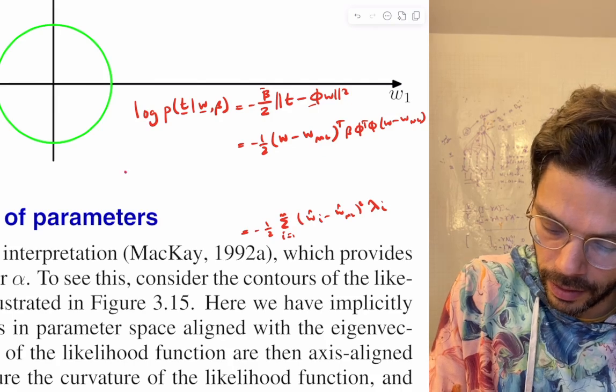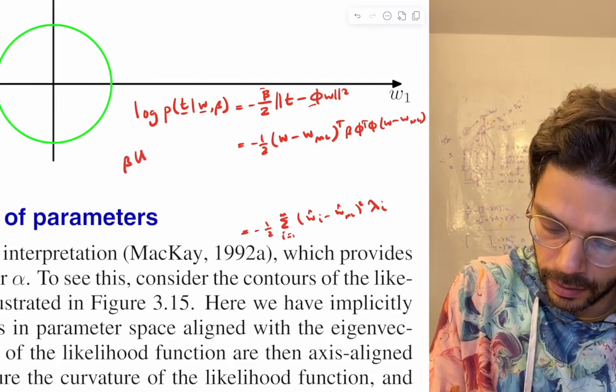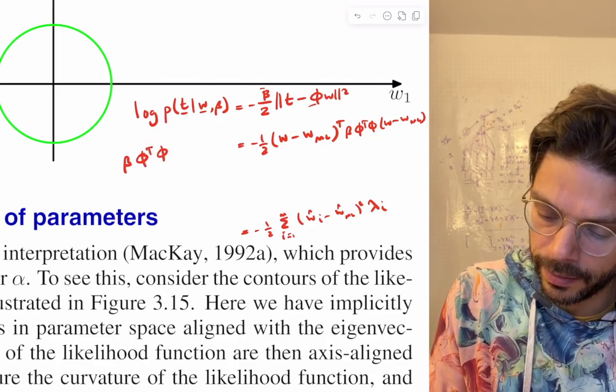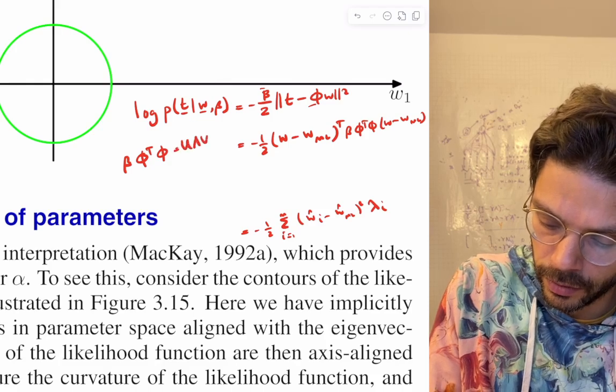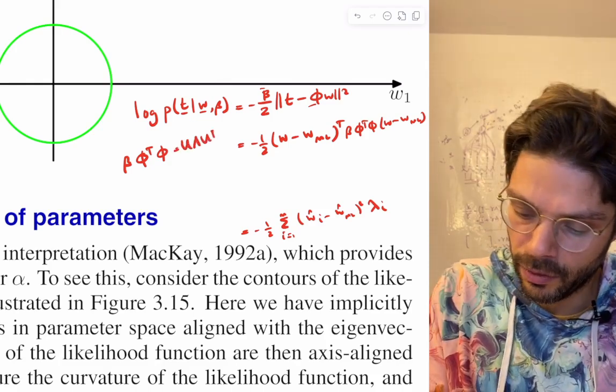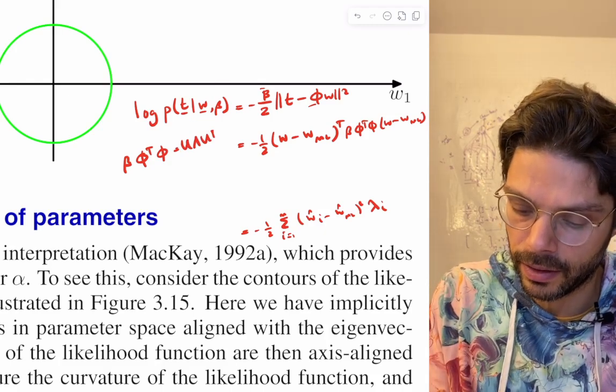I'll write that up here again as well: beta phi transpose phi, and U transpose. Now what if we add in the prior, so we don't have just the likelihood but also the prior?